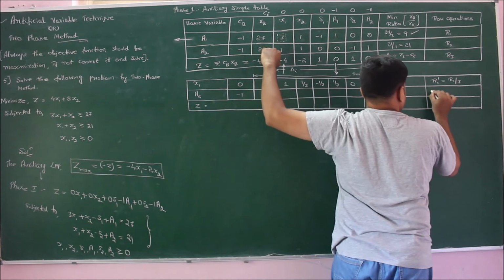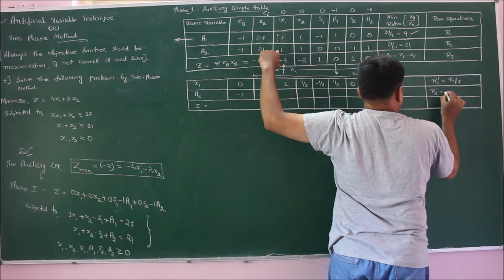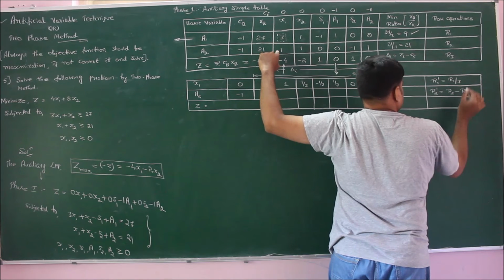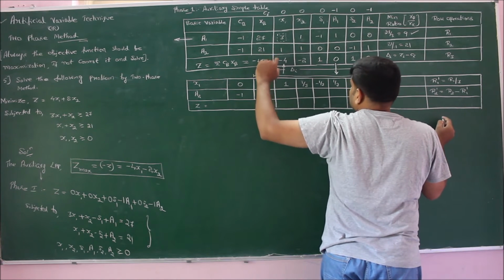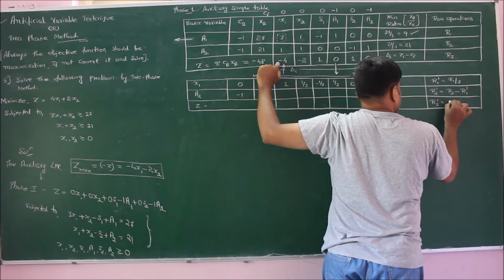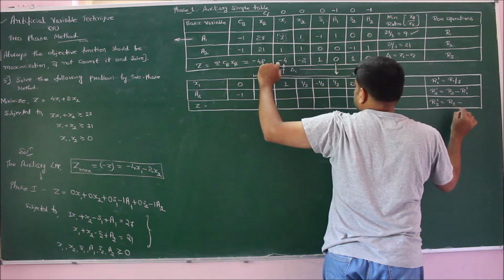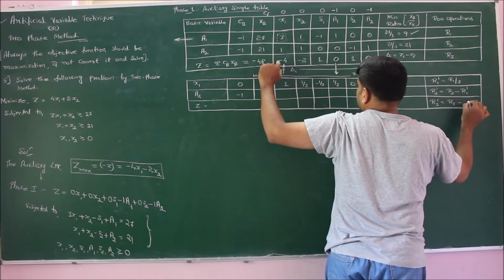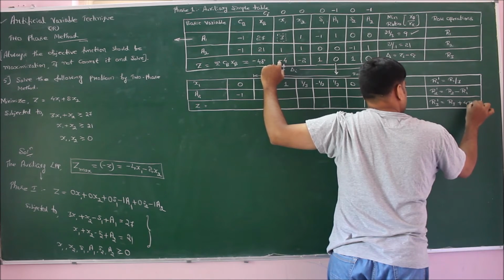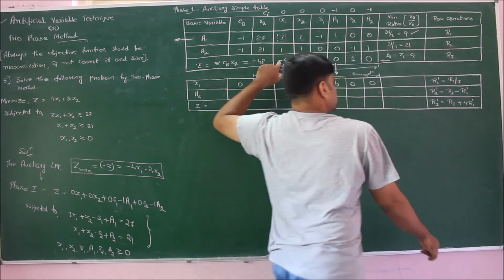So new R2, that is R2 dash, is equal to old R2 minus key row, that is R1 dash. I should make this also 0. So R3 dash is equal to old R3 minus, sorry, I have minus 4 here, so I should use plus 4 of key row. Key row is R1 dash.